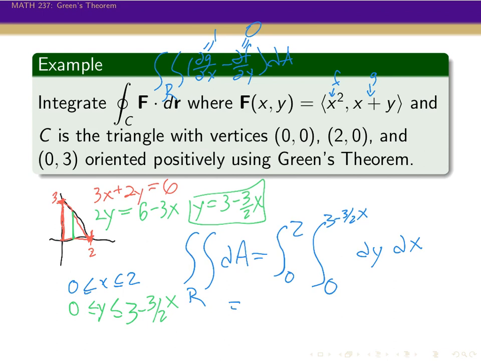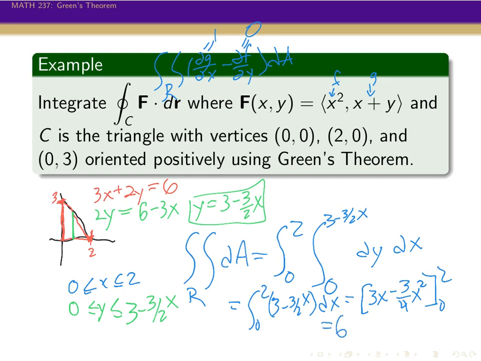And so the first integral, that's easy enough. That's going to be 3 minus 3 halves x dx. And then the outer integral is going to be 3x minus 3/4 x squared from 0 to 2. Plug this in.